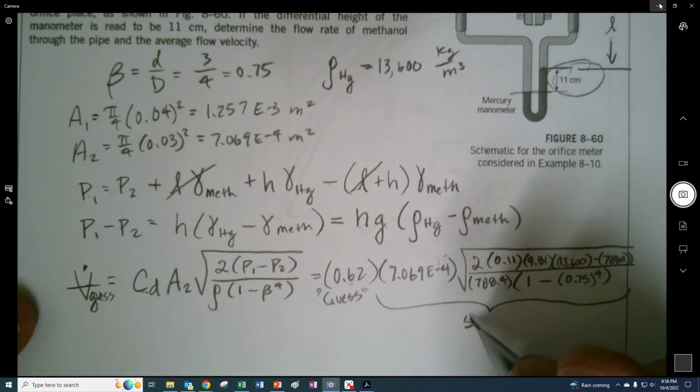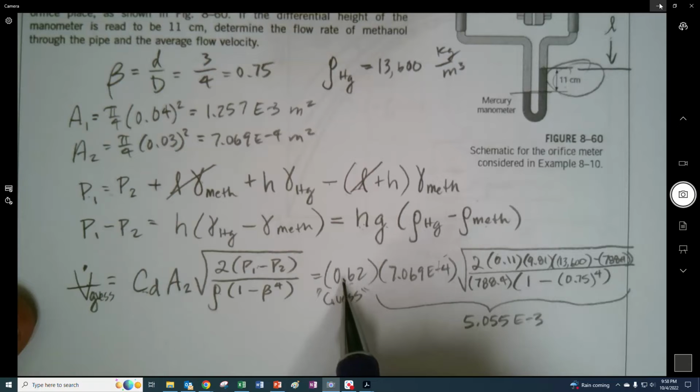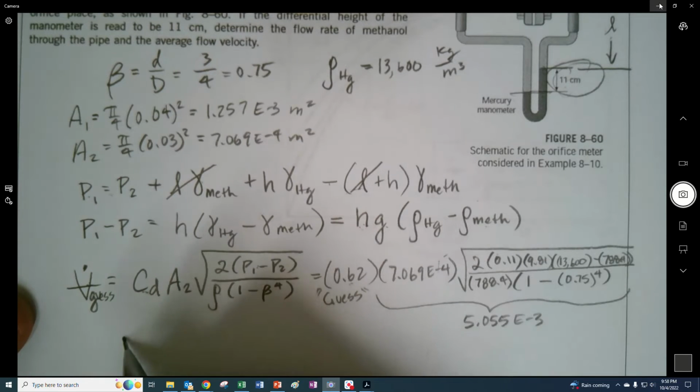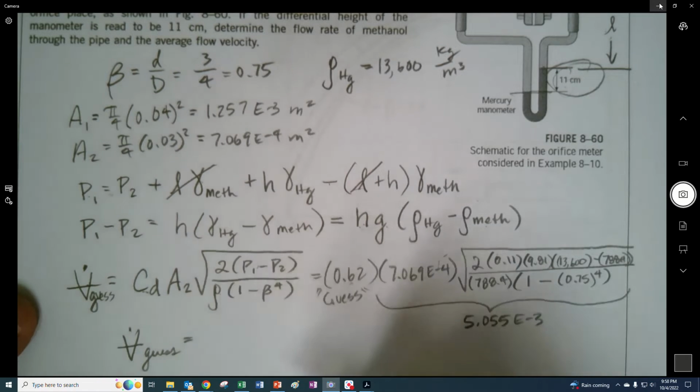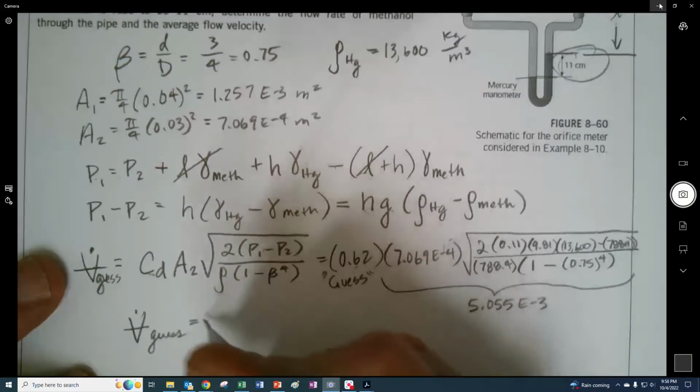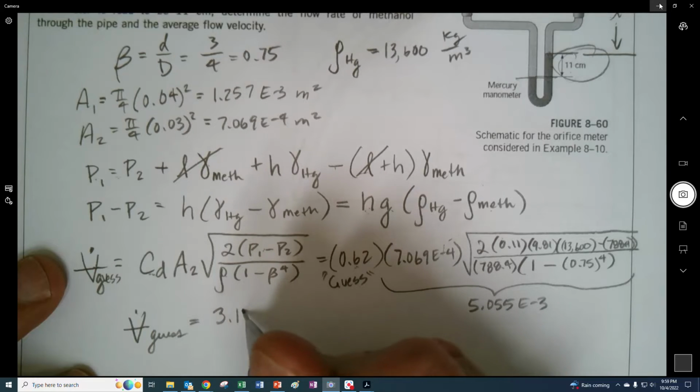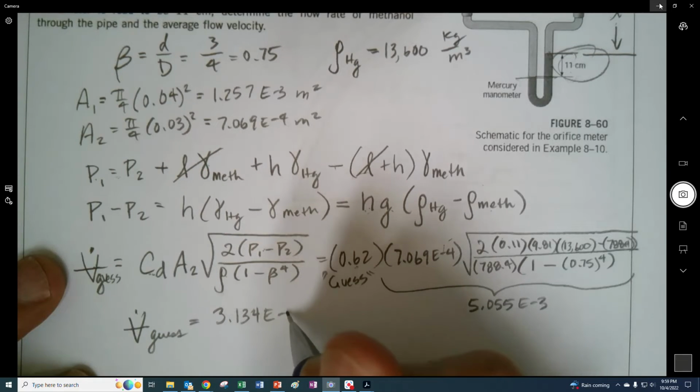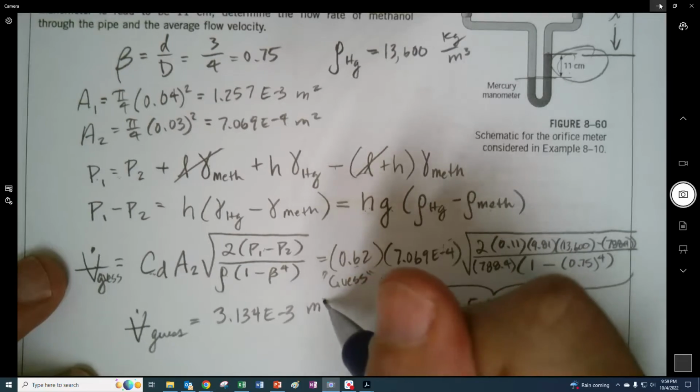So maybe calculate this and write it over to the side, because we're going to go through the process of guessing this number, right? So this first guess is going to give us a flow rate of 3.134 e to the minus 3. These are cubic meters per second.